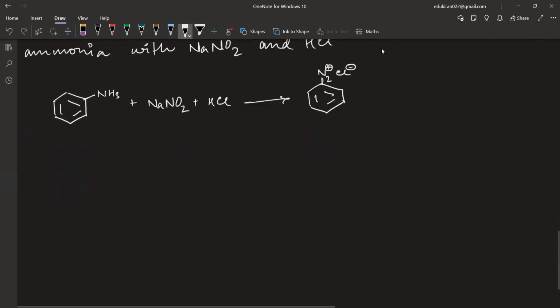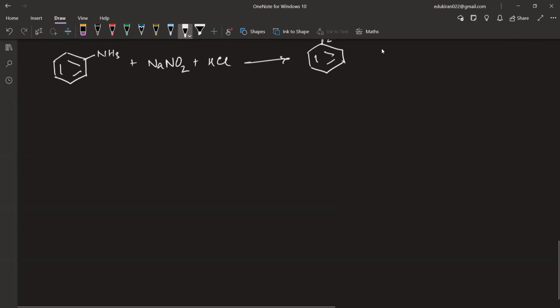Done? Okay. So one of the questions that they generally ask is in conversions. Let's write it like this. What reagents would you use for the following conversion?